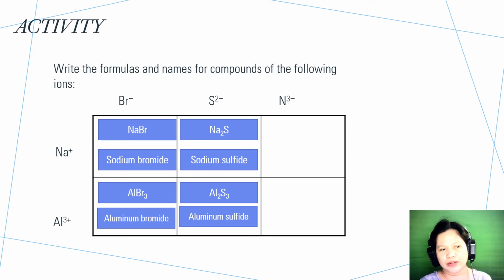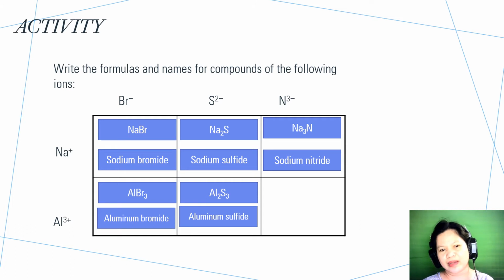Okay, last column. Sodium plus nitrogen. You have Na3N. So 3 is coming from the charge of nitrogen. So the name will be sodium nitride. Last, aluminum and nitrogen 3.